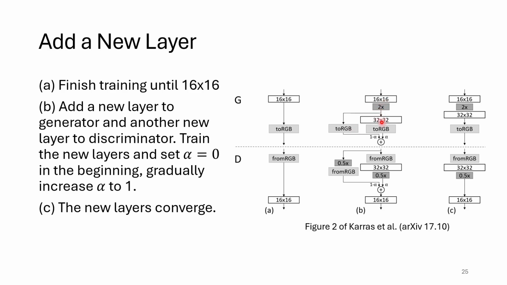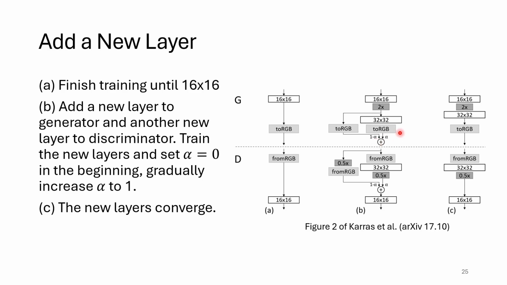It means the 32 by 32 layer doesn't matter, because if alpha is 0, when they use backpropagation to update the parameters in this layer, they will not be updated. And they gradually increase the alpha from 0 to 1.